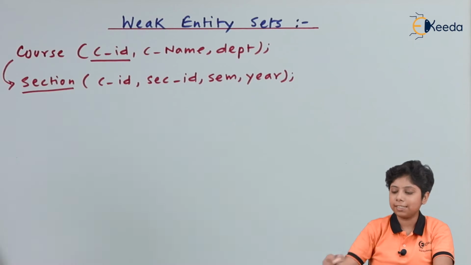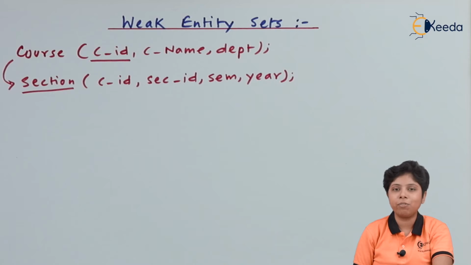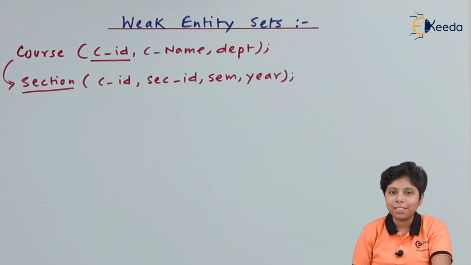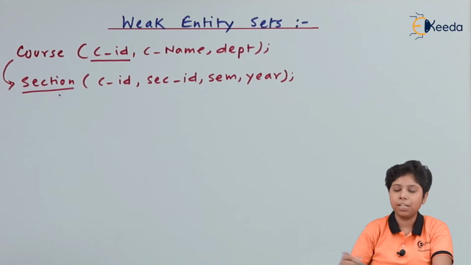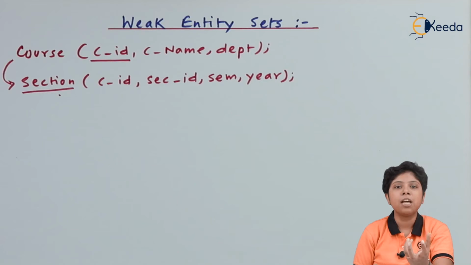So we can say that section is a part of the course, and is not a relation that exists individually other than the relation course. That makes it a weak entity set, because the entity section has its infrastructure built on another relation, that is course.